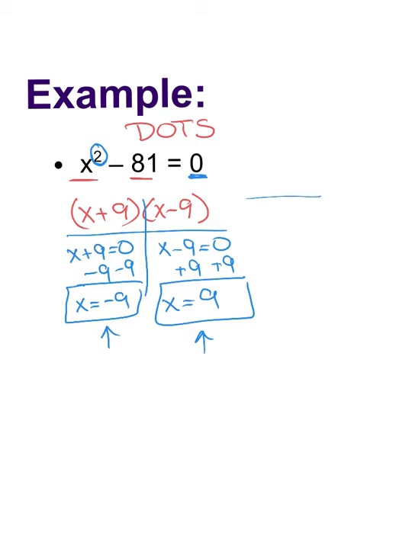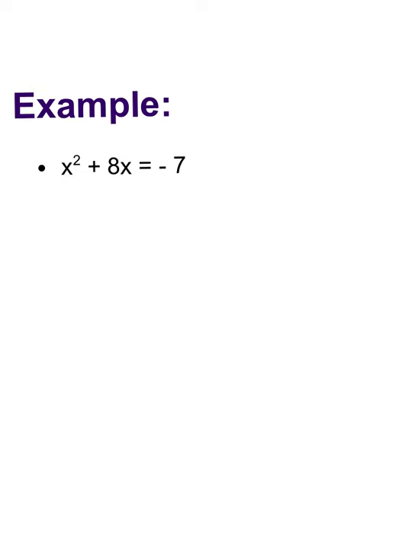So we've learned how to factor, and you do know how to solve a simple equation, so we're just putting those two skills together. The second one here, first thing that I notice is that my equation is not equal to 0. So I'm going to add 7 to both sides so that the equation is equal to 0. So now I have x squared plus 8x plus 7 equals 0.